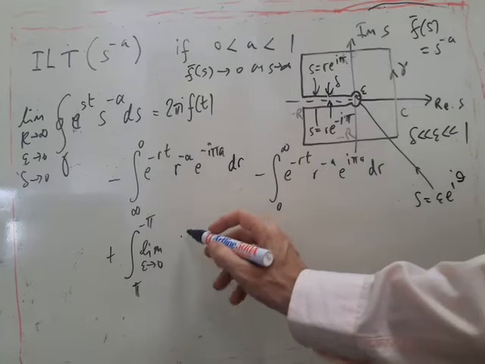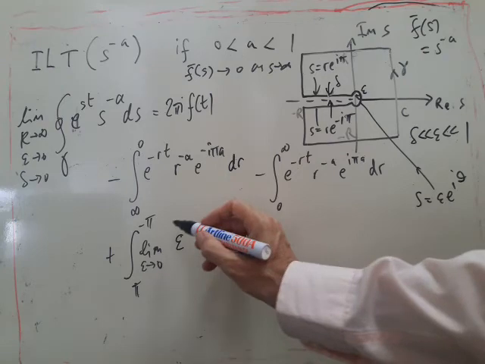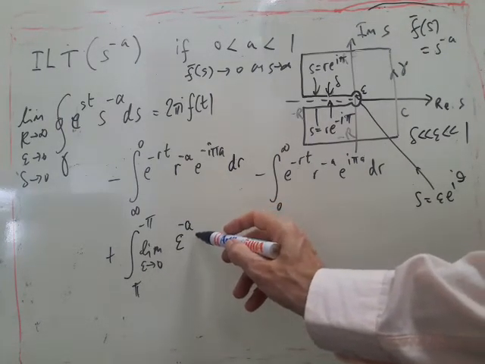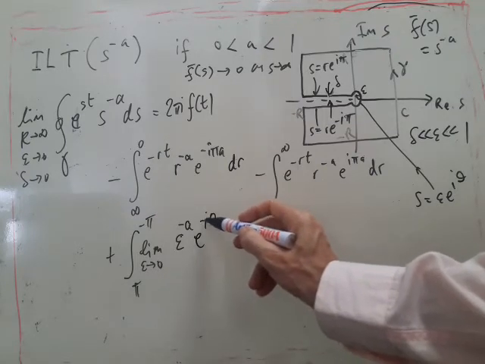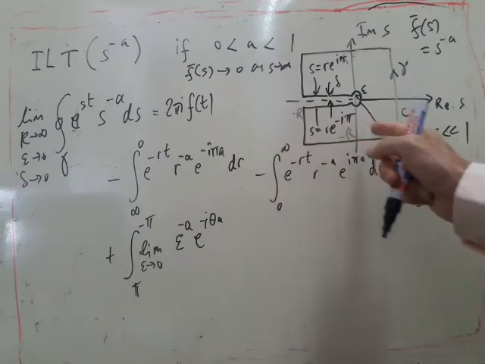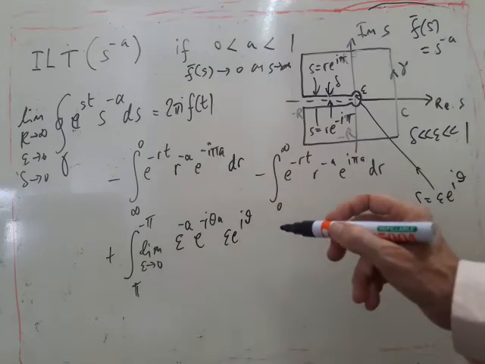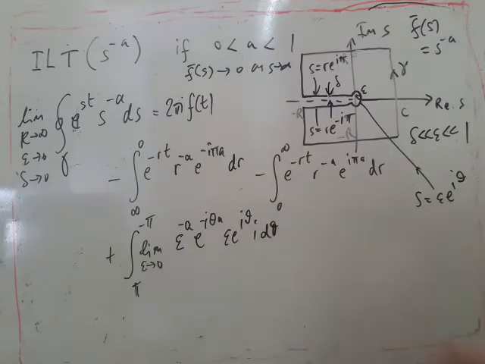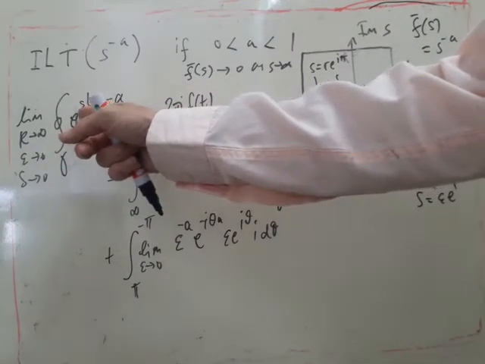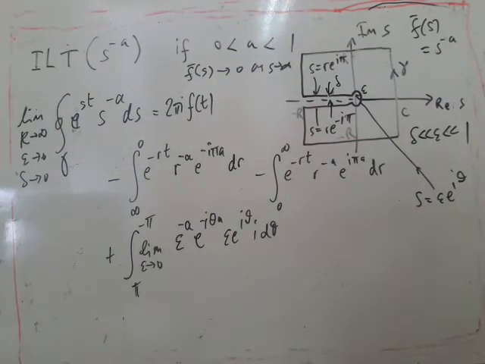So I've got epsilon to the minus a, and I've got times e to the i theta to the minus a, and the ds turns into epsilon e to the i theta times i d theta. This exponential is e to the epsilon, which is tending to 0, so that just gives me 1.